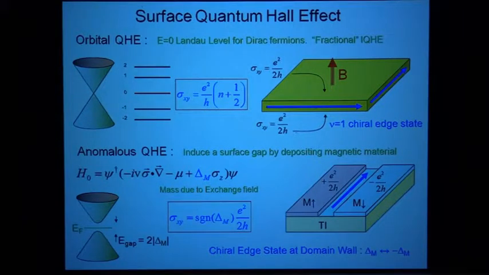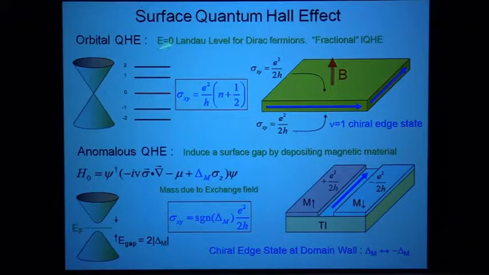Another way of thinking about this is, you can break time reversal symmetry with an orbital magnetic field, which gives you Landau levels. Another way that you can break time reversal symmetry is by applying a Zeeman magnetic field, a magnetic field that couples to the spin and not the orbital.